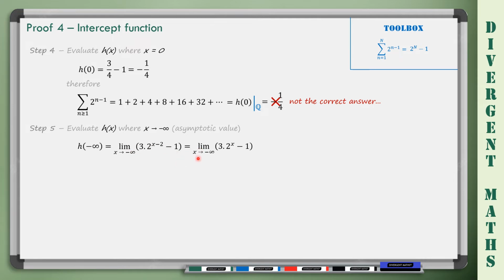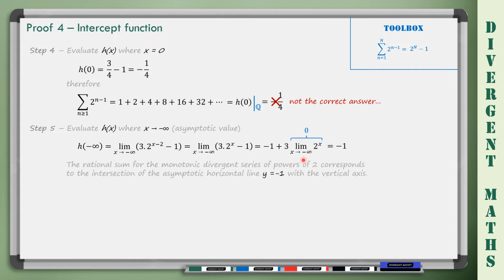When x goes to negative infinity, x minus 2 also goes to negative infinity, so we can simplify the exponent there. We can move the 3 in front and the minus 1 outside the limit. So it's equal to negative 1 plus 3 times the limit when x goes to negative infinity of 2 to the power of x. This one, we know it will converge towards 0. Therefore, 3 times that will also go towards 0, and we are left with negative 1.